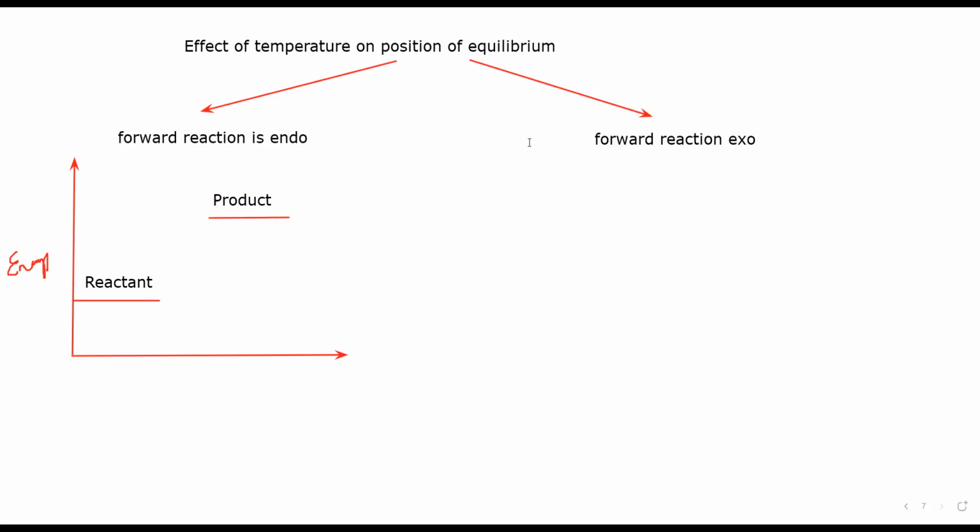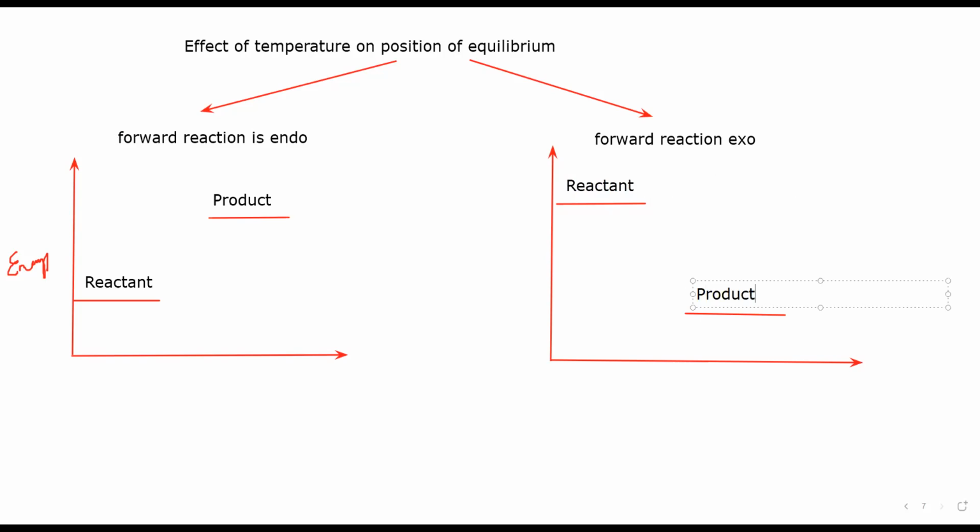If the forward reaction is exothermic, the product is formed when the reactant loses its energy to the surrounding. So the product will not have too much energy. So reactant will have more energy and the product will have less energy. The reactant loses its energy to the surrounding and forms the product.